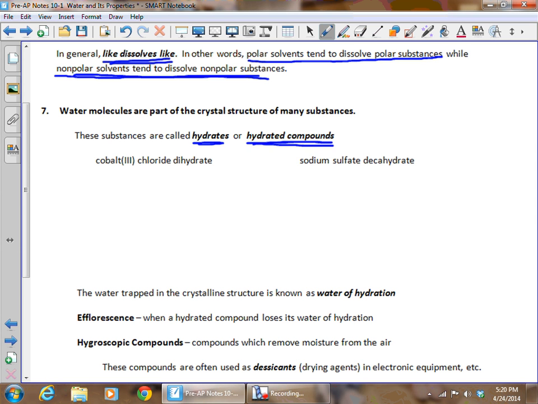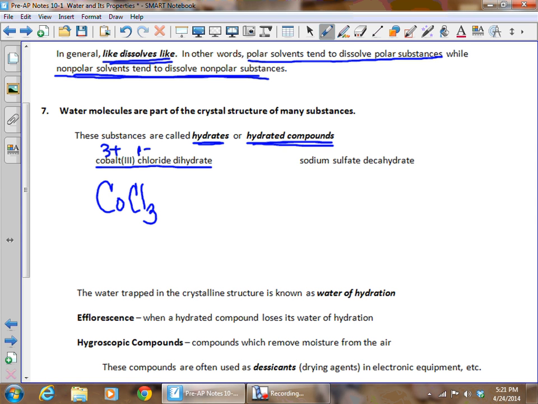When you see something called cobalt-3 chloride dihydrate, for instance, what that means is that you've got the normal cobalt chloride lattice structure, but for every cobalt, and keep in mind, if cobalt's a 3+ and chloride's a -1, then we're going to get the CoCl3 formula.